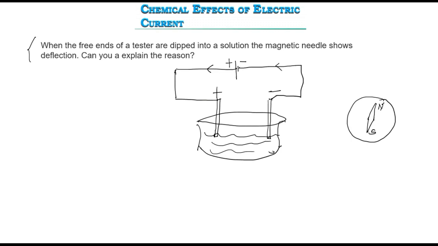So you keep this magnetic needle anywhere, it will always show a north and south direction. But if you keep this here, just over this, right, and there is a current in the wire, then it will not show north and south direction. Then there is a deflection in the magnet. What do you mean by deflection? This needle will move in a different direction, right? In that case, it will not show any north and south direction.